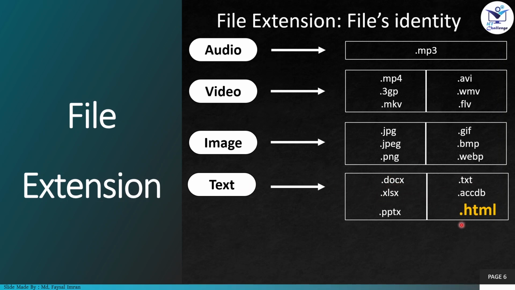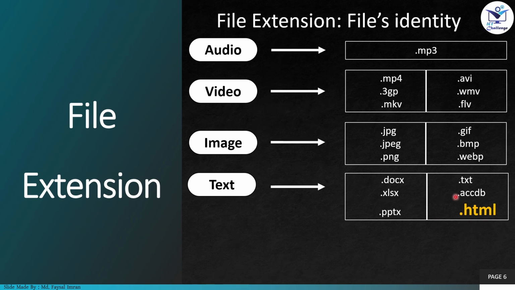Also, we need a different file extension for HTML. This is .html, and this file is known as an HTML file. This HTML file can contain HTML data. So what is HTML data? HTML is a language, and if you want to keep any kind of data inside this file, you need to create an .html file at first. Then you have to keep your data inside that HTML.